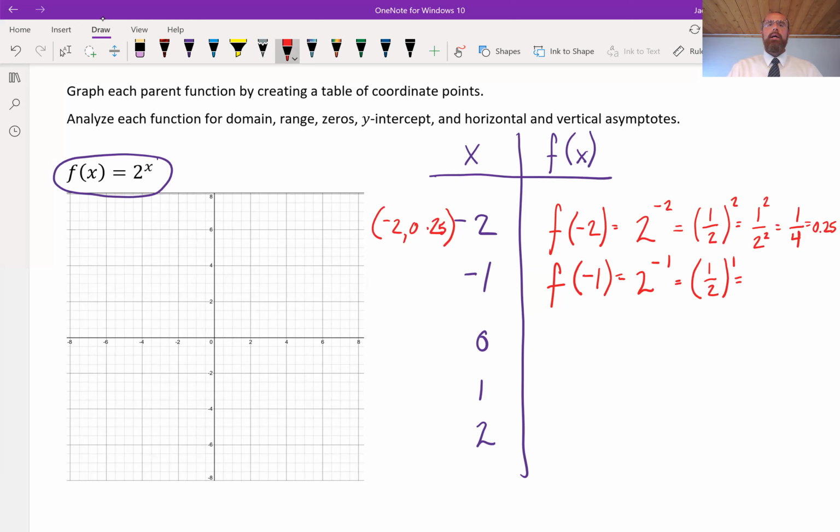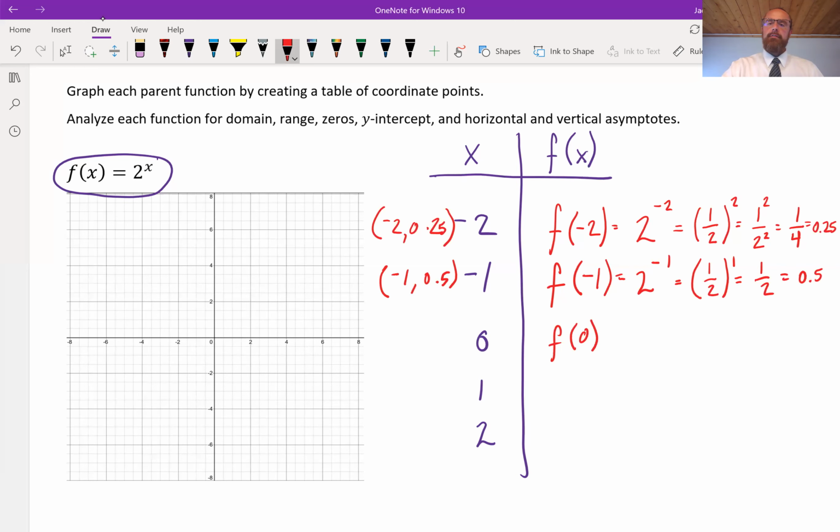And at that point, I can just think about what the power of 1 does to a base. Power of 1 we call the identity element for exponents. What it does is it just gives us the base back. So one half to the power of 1 is simply one half, and as a decimal, 0.5. So my second coordinate point over here on the left is -1, 0.5.